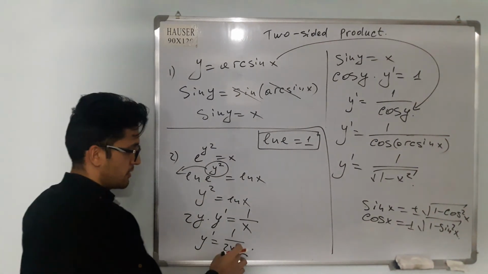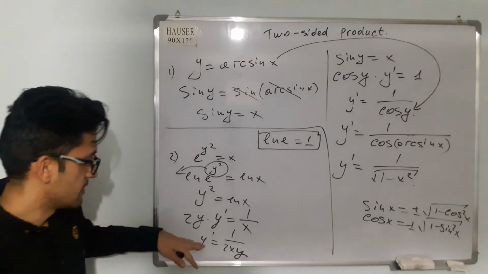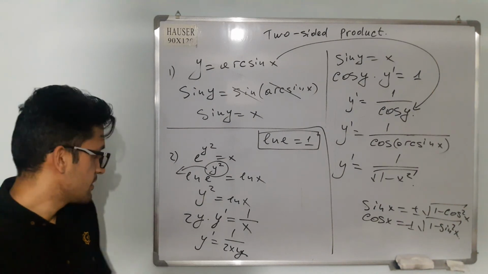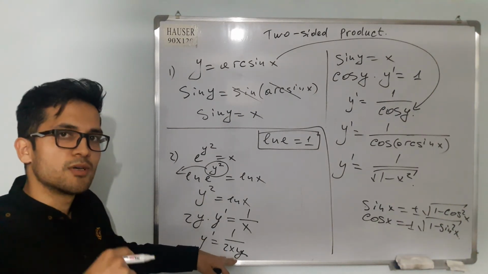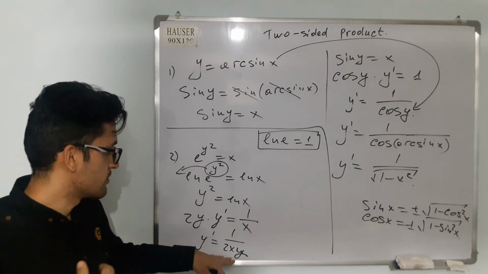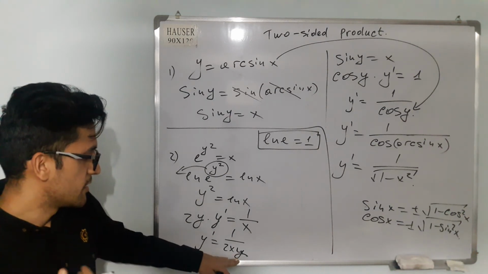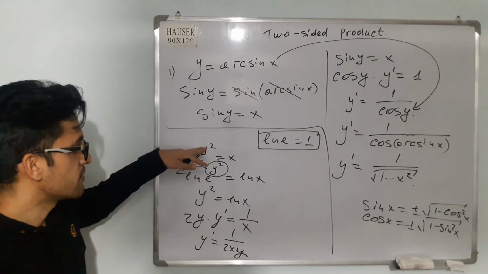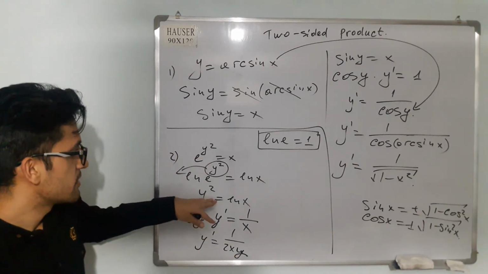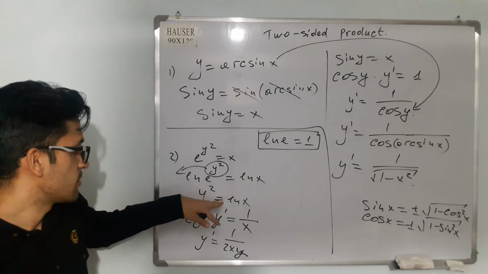As you can see, the derivative of y can be connected with y again, but the answer should be only with x terms. There shouldn't be any y. Again, we shall find the value of y from here or from here. Now it will be a bit more straightforward when you find the value of y here.